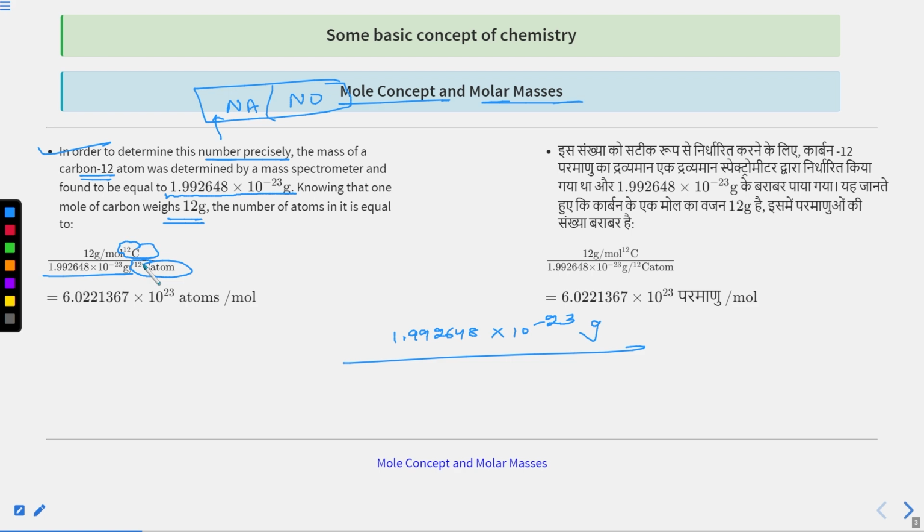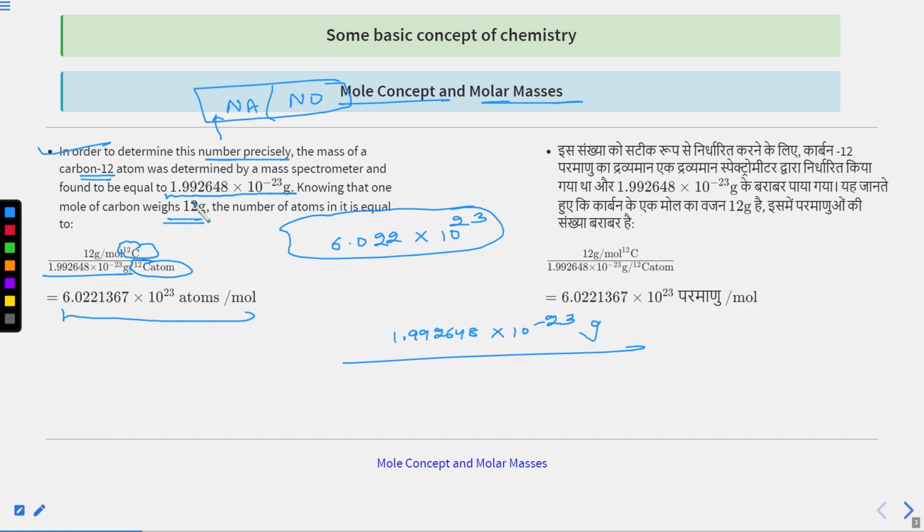So this is the mass of 1 atom of carbon 12 isotope, and the number of atoms are found to be 6.0221367 into 10 raised to the power 23 atoms per mole. And you know very well the Avogadro number is also 6.022 into 10 raised to the power 23.